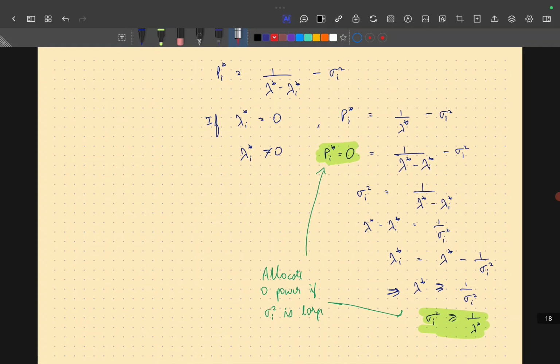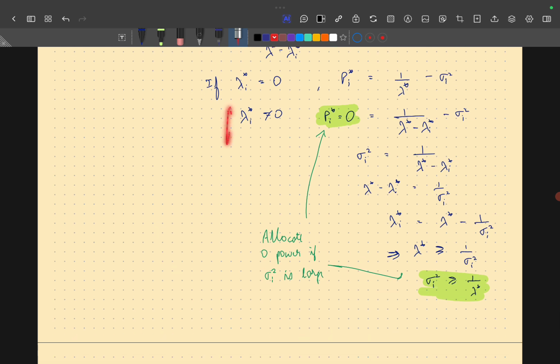Now, again, we looked at the other complementary slackness condition. If lambda i star is equal to 0, then pi star must be equal to 1 by lambda star minus sigma i square. And if lambda i star is not equal to 0, then pi star must be equal to 0.